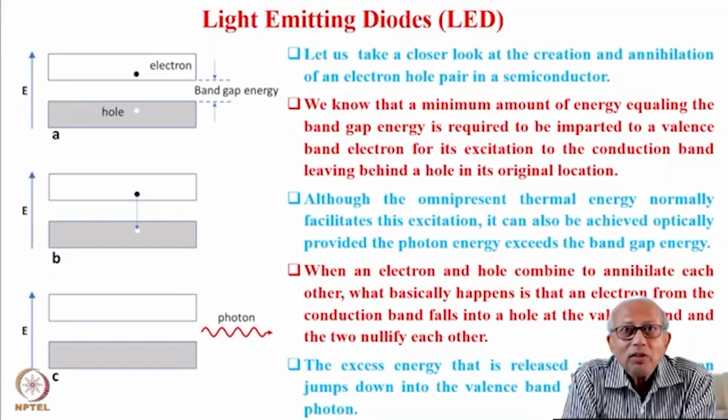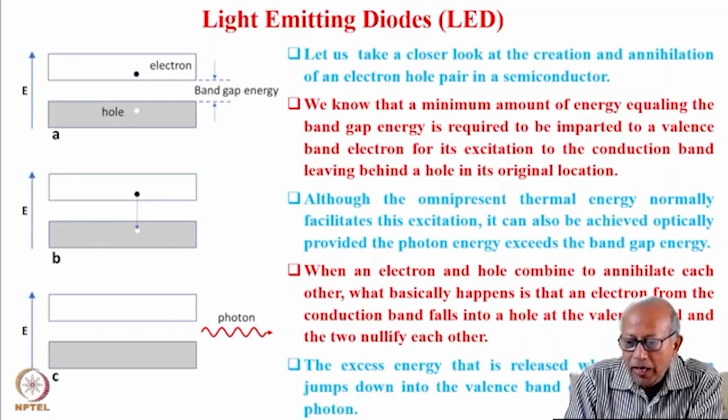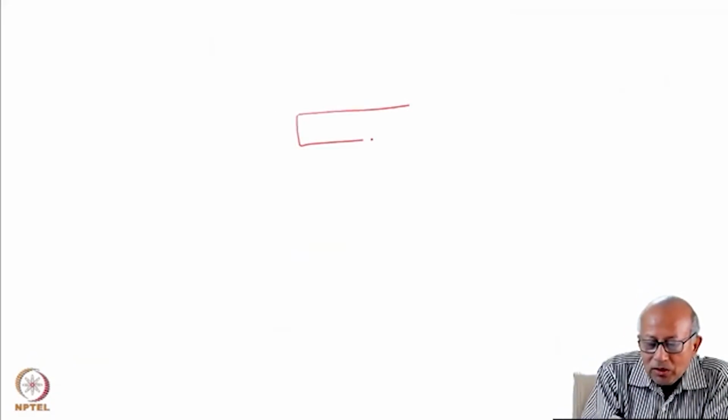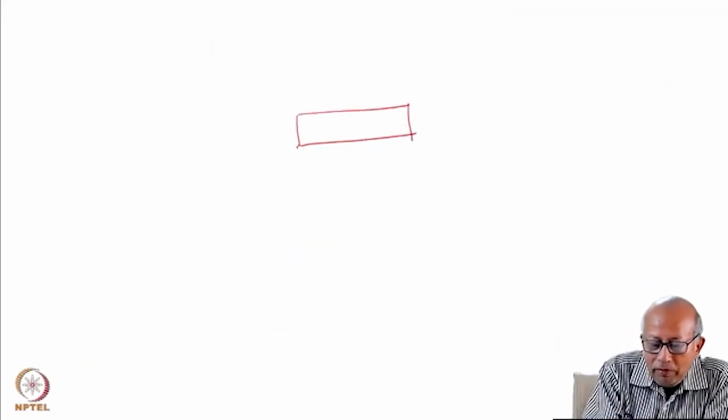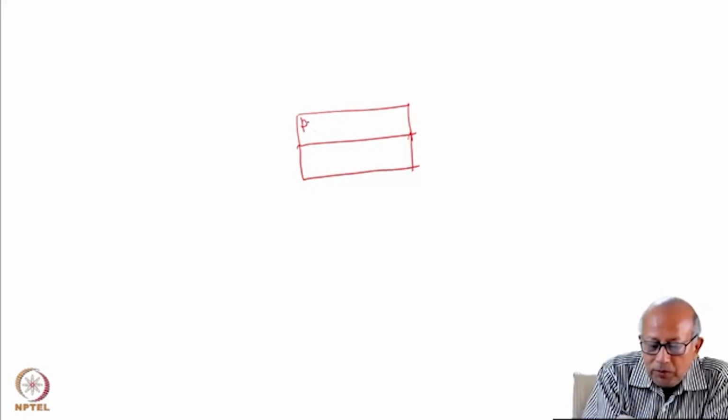So after the last lecture, I'm sure you have gained now a better understanding as to how a PN junction, when forward biased, so this is P region, P side, this is N side.